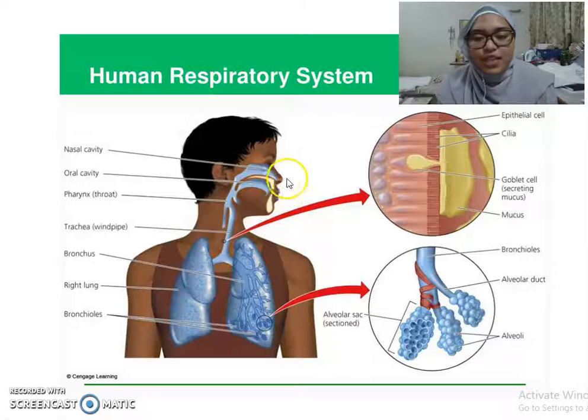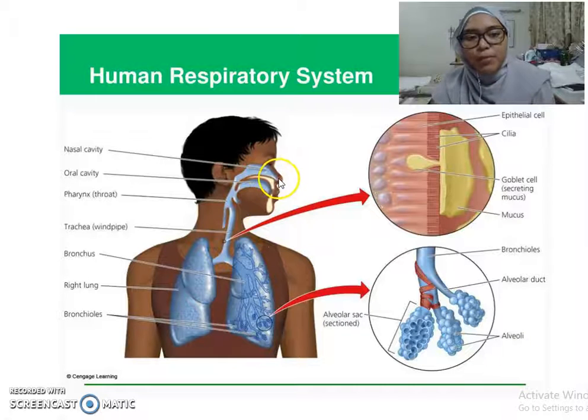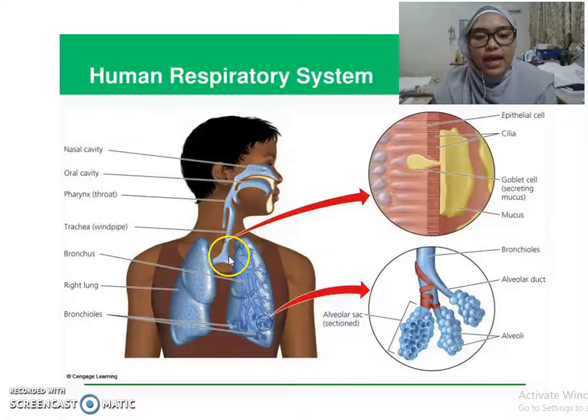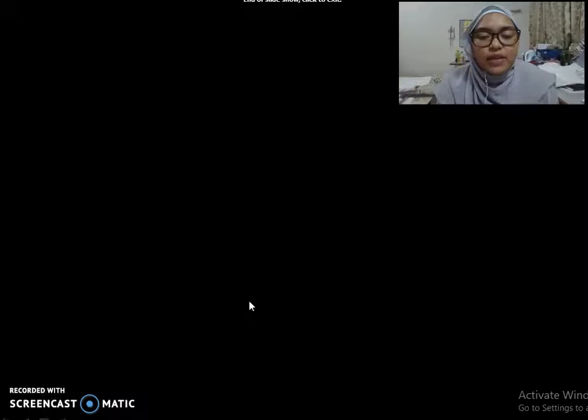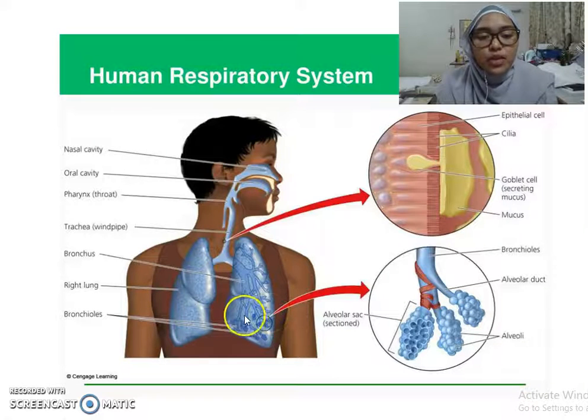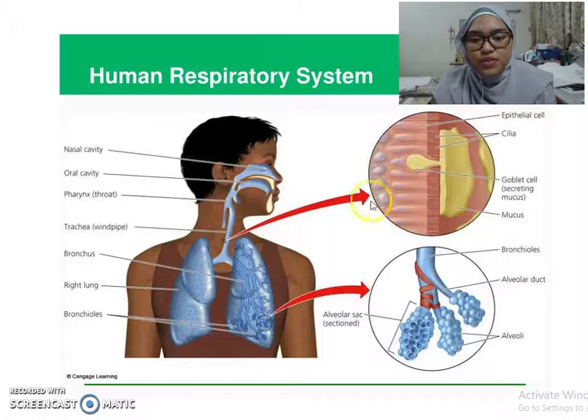So the oxygen that we inhale will pass through the nasal cavity along the trachea and go inside the bronchus first, and then they will travel through the bronchioles, and then diffuse into the body cells through simple diffusion as well.